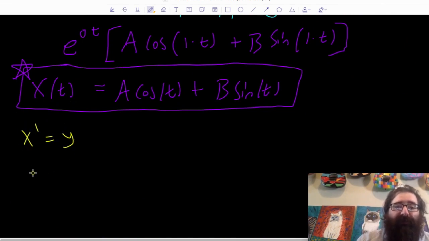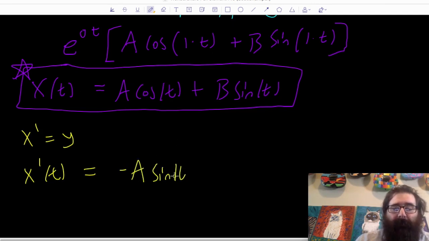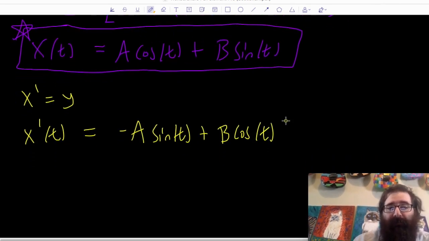So if I differentiate this, x prime at t is equal to, if I take the derivative of A cosine t gives me negative A sine of t, and the derivative of B sine of t gives me B cosine at t. Well, this is x prime, but x prime is y, so this is my function y at t.